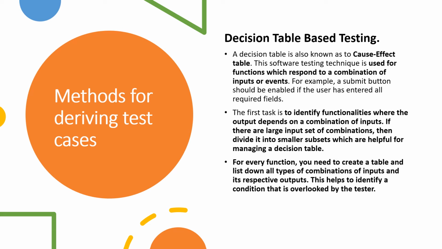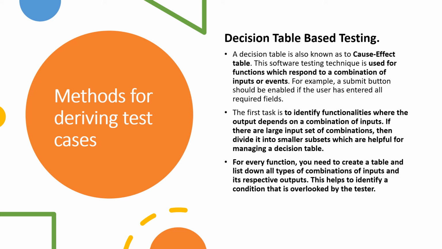This software testing technique is used for functions which respond to a combination of inputs or events. The first task is to identify functionalities where the output depends on the combination of inputs. If there is a large input set of combinations, then we divide it into smaller subsets, which can be helpful in managing the decision table, or DT.